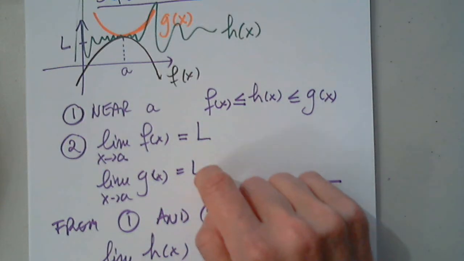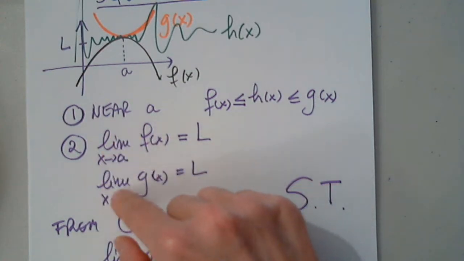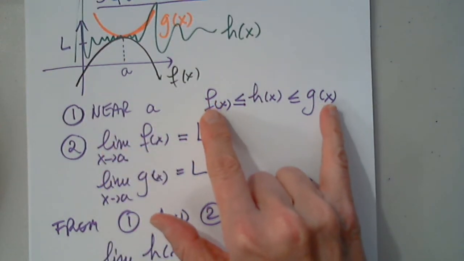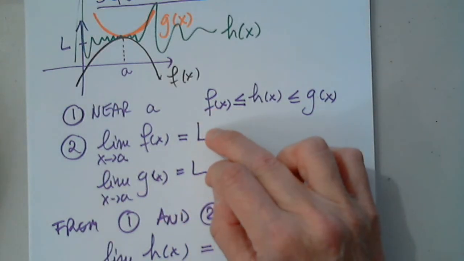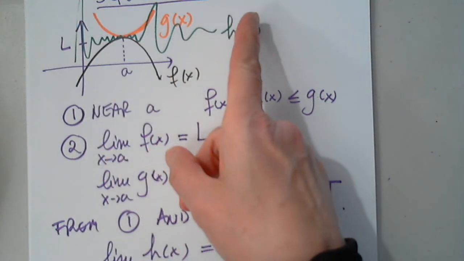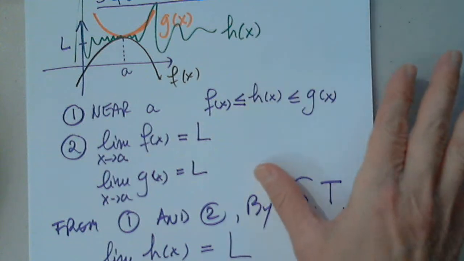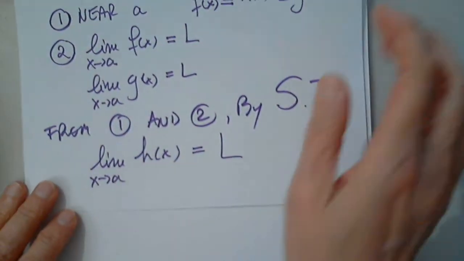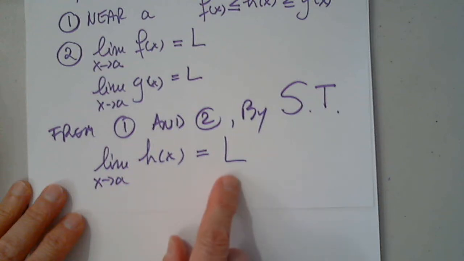If this is 5 and this is 10, I cannot conclude anything here. But the limits of these two functions, top and bottom, exist and they are the same number. If these two conditions or hypotheses of the Squeeze theorem are fulfilled, then it's guaranteed by the Squeeze theorem that the limit of h of x as x approaches a is L.